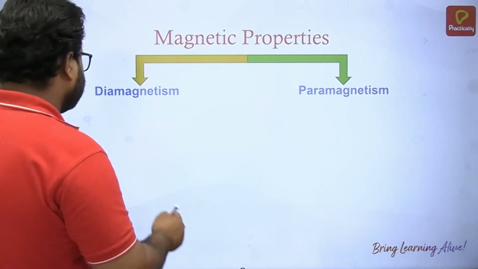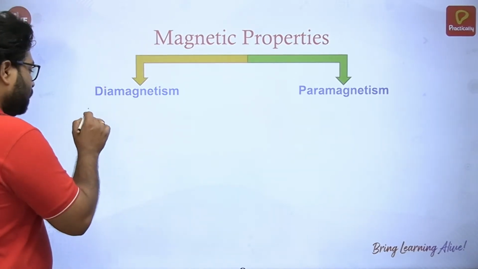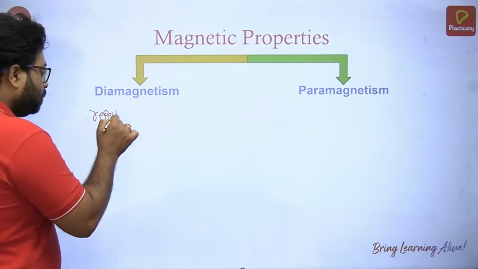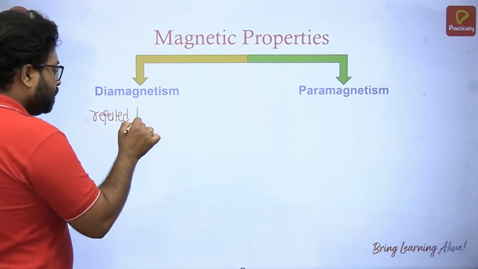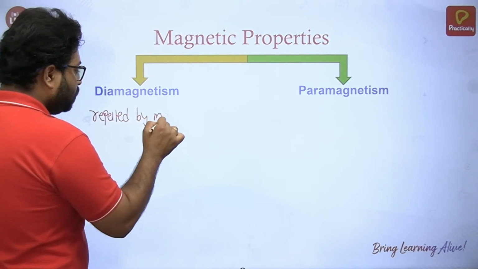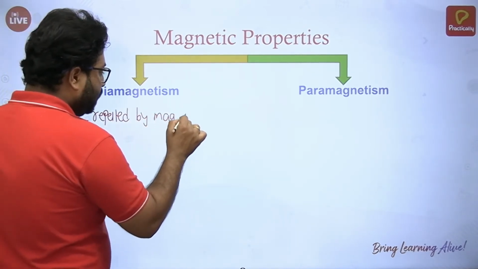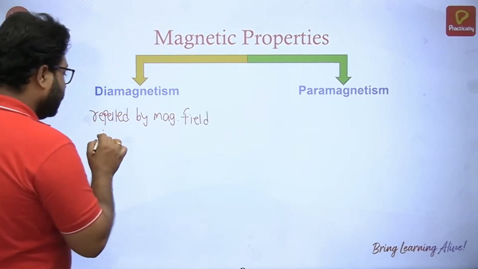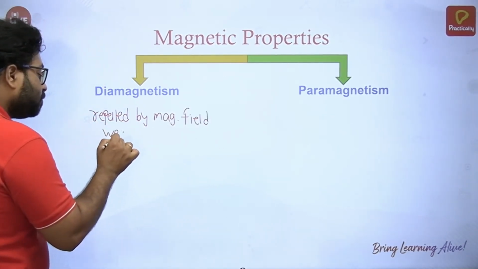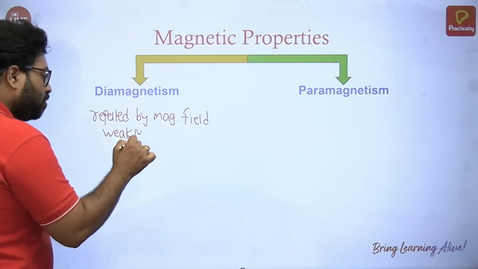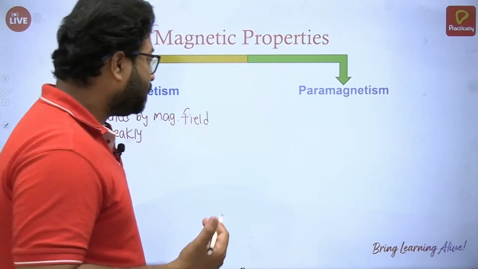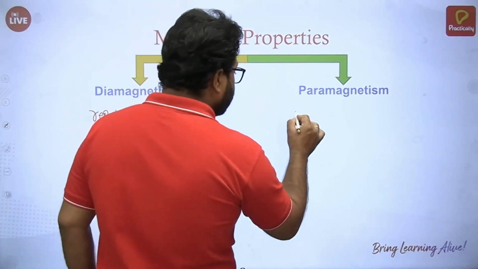So basically all the substances which get repelled by the magnetic field weakly are diamagnetic, and paramagnetic is what?